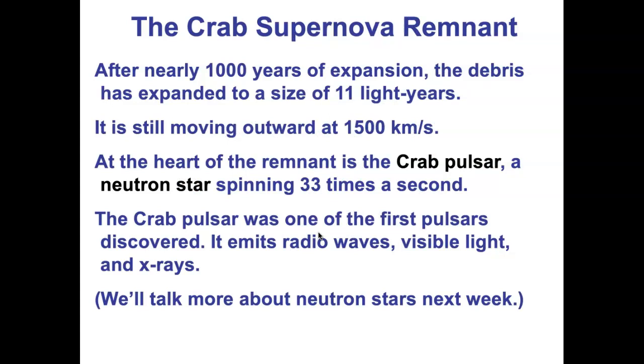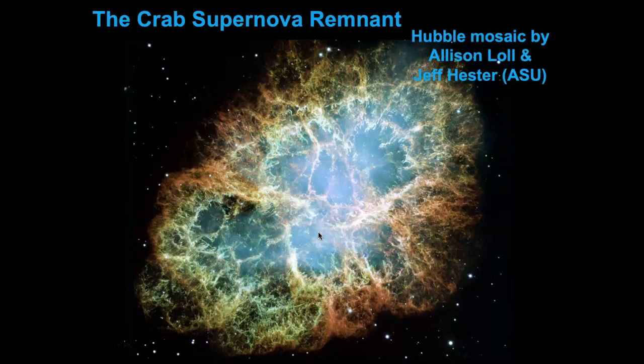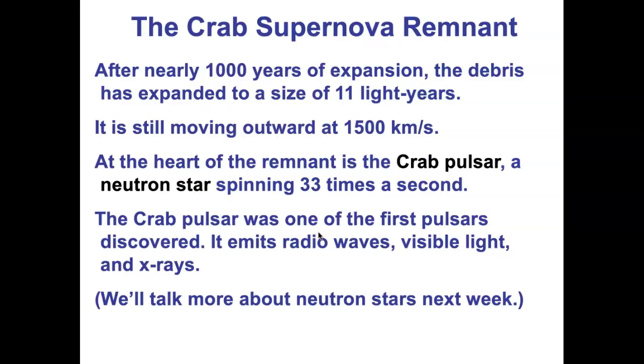The very cool thing about knowing when the supernova happened is that we can say, well, we know it's been 1,000 years. Some of these objects out there in the universe are so old, but we don't know how old. Are they 1,000,000 years? Are they 20 million years? We don't know. They're just old. It's a rare thing to know exactly how old this nebula is to the day, so that you can say, well, if it's gotten to be this big after this many years, how fast is it moving?